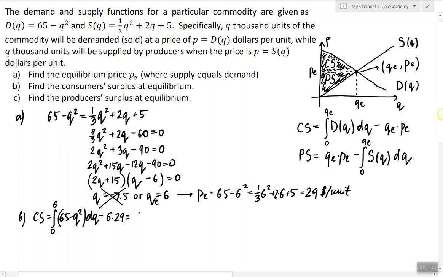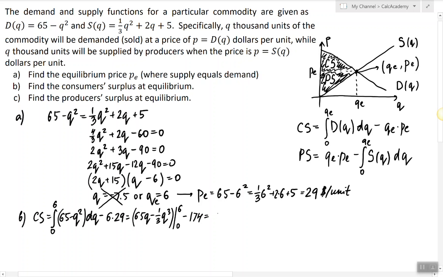So the antiderivative is 65q minus 1/3 q cubed, evaluated from 0 to 6, and taking away 6 times 29. 6 times 29 is 174.